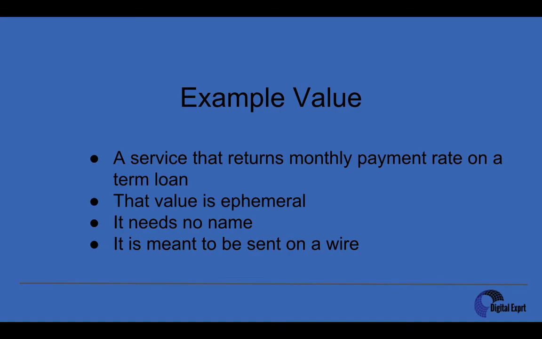So for example, if there's a service that returns the monthly payment rate on a term loan, say somebody has a term loan and the monthly payment is $500. That value is $500. It is ephemeral because it may change. It needs no name, it's just a value, and it's probably traveling across the wire from one node to another.